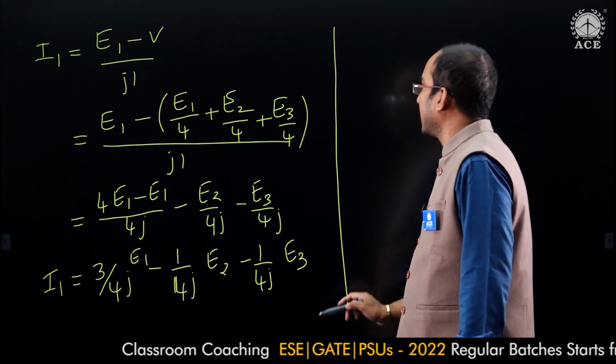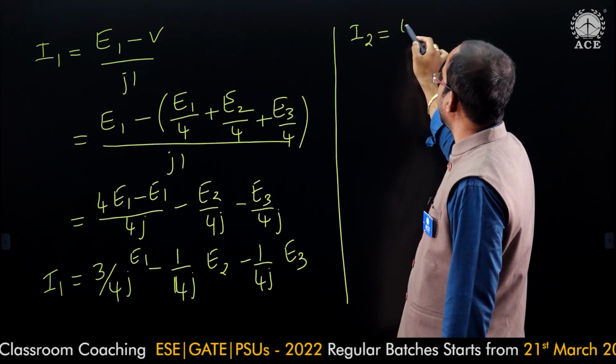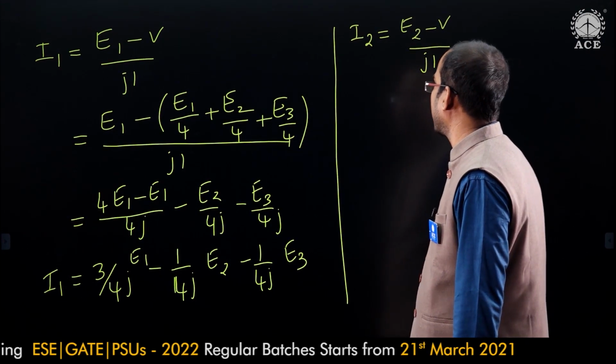Similarly, we can write the equation for I2 as E2 minus V by J1.